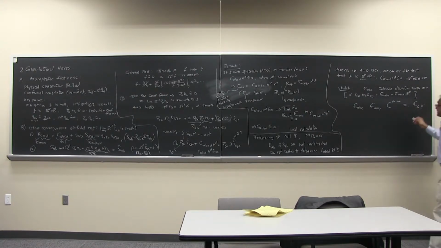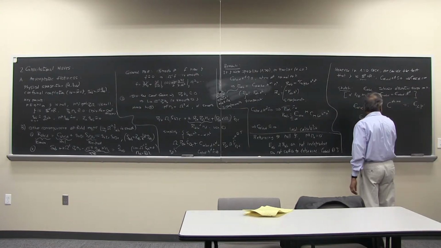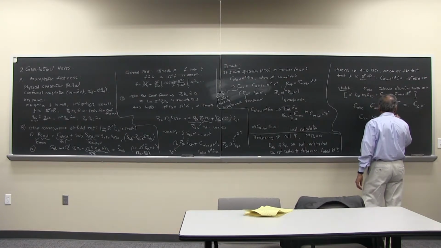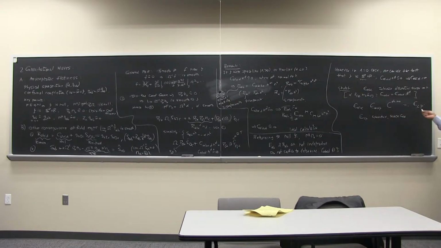And then this tensor C is, you can check that this is symmetric and trace-free. I'm just stating it as something that you can check by explicitly using, for example, the tetrad vectors, which we're going to introduce in a minute.